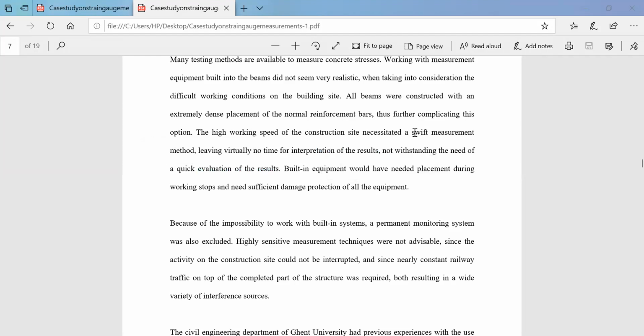So they opt for the swift measurement method. Built-in equipment would have needed placement during the working stops and sufficient damage protection of all the equipment. So during construction, this built-in equipment should always be provided with safeguards and protection to overcome the damage caused to it.